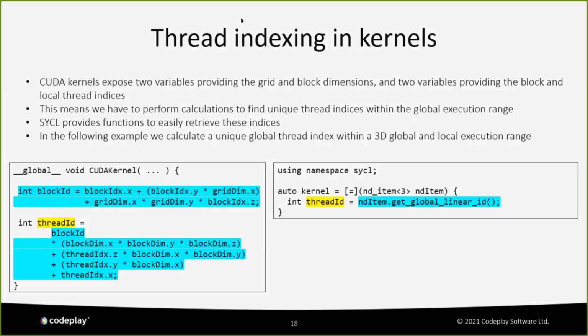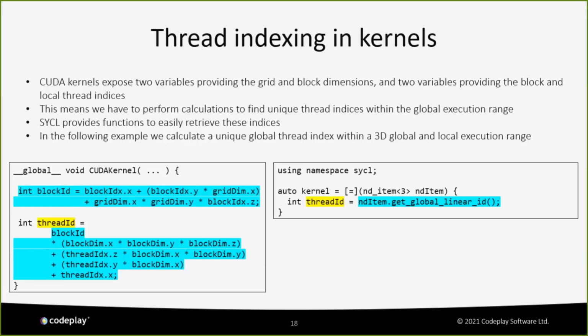So thread indexing in kernels is a little bit less tedious in SYCL than CUDA. CUDA kernels expose two variables providing the grid and block dimensions and two variables providing block and local thread indices. So this means that if we want to find the unique thread indices within the global execution range, we have to perform some calculations.